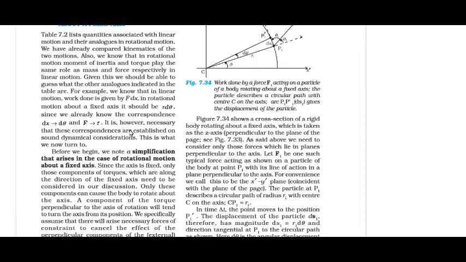Before that, we note a simplification that arises in the case of rotational motion about a fixed axis. Since the axis is fixed, only those components of torque which are along the direction of the fixed axis need to be considered in our discussion. Only these components can cause the body to rotate about the axis. A component of torque perpendicular to the axis of rotation will tend to turn the axis from its position.